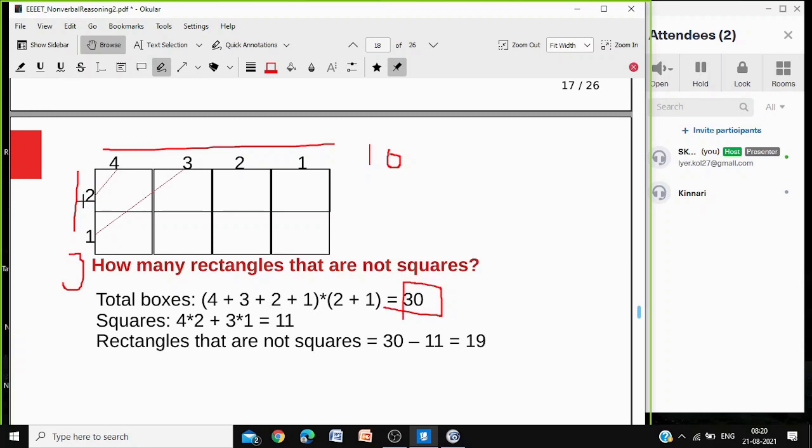For only squares, first multiply, 4 into 2, 8, 1 into 3, 3. For the others there is no number. So 4 into 2, 8, 3 into 1, 3, so total 11. So total number of boxes you are getting 30 and total number of squares 11. So rectangles which are not squares, you subtract 30 minus 11. Got it, Betty?